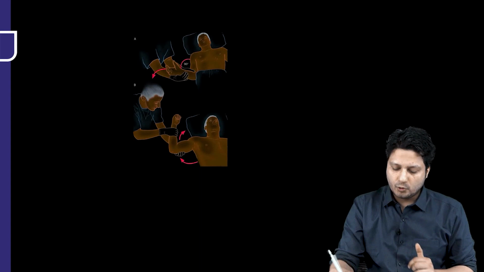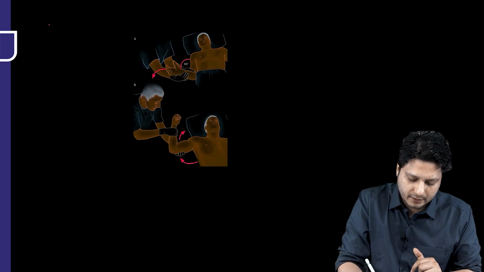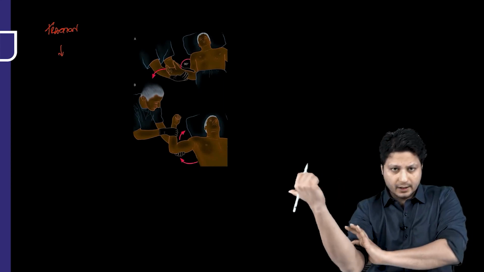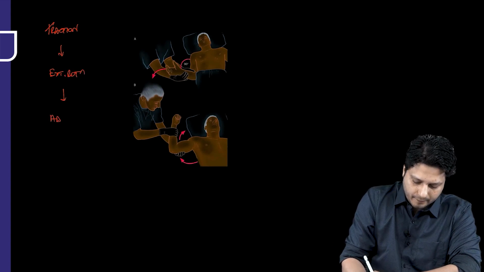As far as Kocher's method is concerned, if you look at this image, you ask the patient to lie supine on the couch. Once the patient is lying supine, you perform traction. First you go ahead with the traction, then external rotation, then adduction, and finally internal rotation.